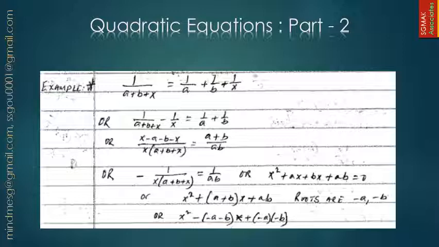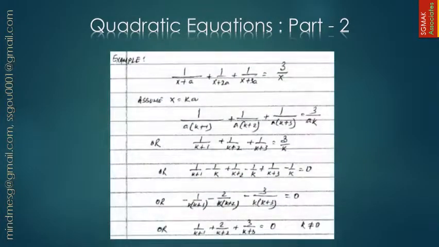Then if you factorize as shown here, you get a quadratic equation, x squared plus a plus b times x plus ab equals 0. So the sum of the roots is minus a minus b, and the product is a times b. So roots are minus a and minus b. You can always put each root back in the original equation and validate that it satisfies.